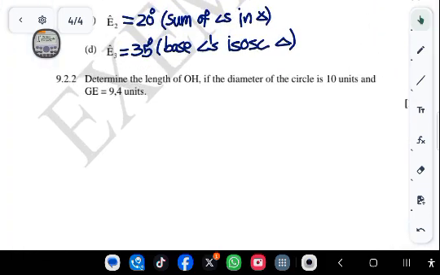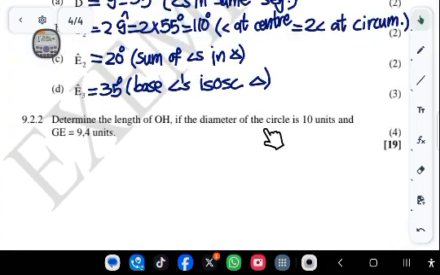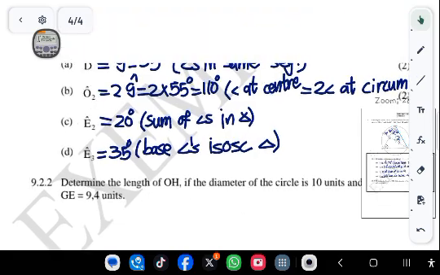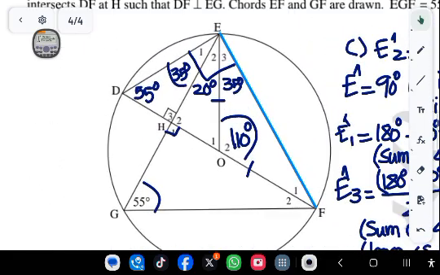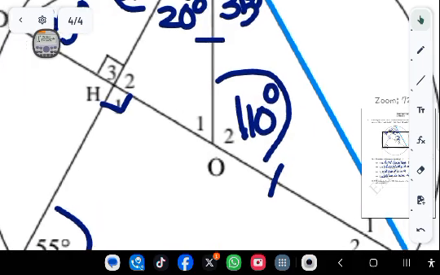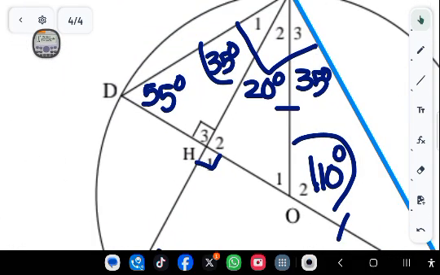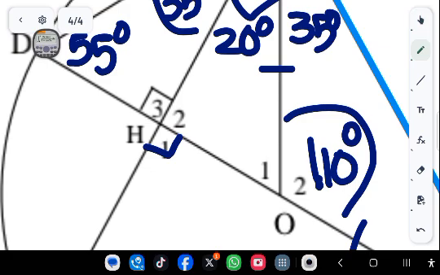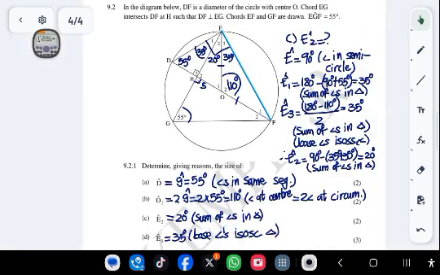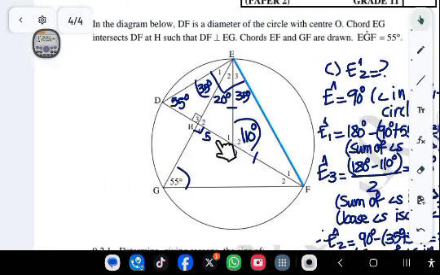Alright, next question. Determine the length of OH if the diameter of the circle is 10 units and GE is equal to 9,4 units. The diameter there is 10 units, so the radius will be 5 units. We're looking for HO.